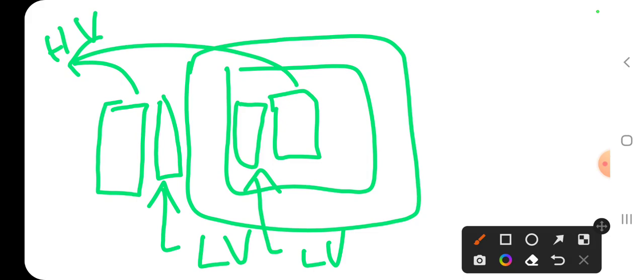Okay. So what is the conclusion of the construction? In the construction, you can see the major parts in the transformer are the transformer core and winding. The transformer core is laminated to reduce the eddy current loss.